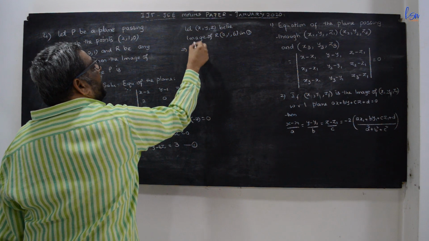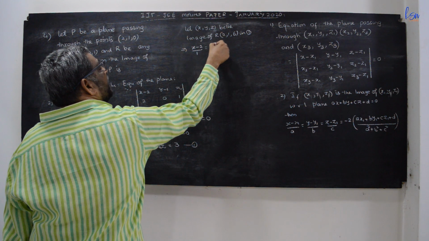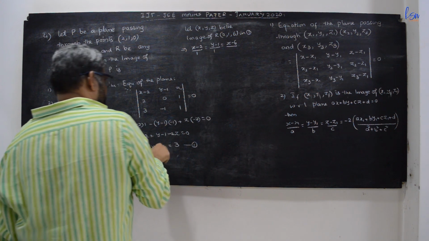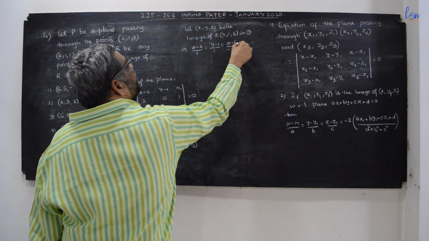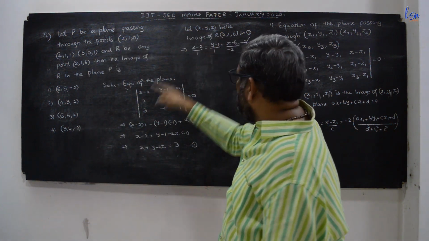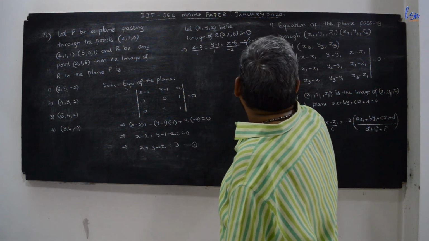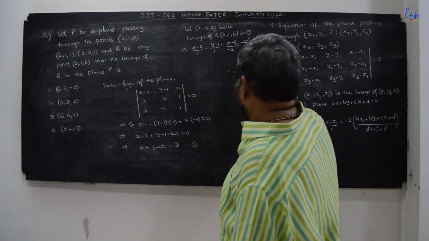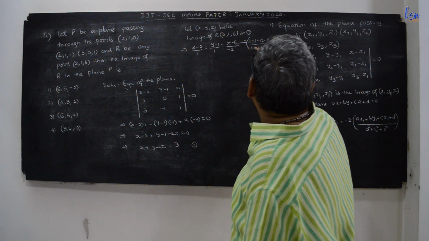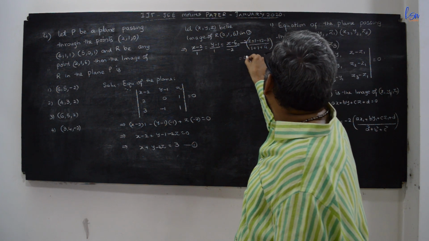This implies (x minus 2) by 1, (y minus 1) by 1, (z minus 6) by minus 2 is equal to minus 2 into, substituting the point here, (2 plus 1 minus 12 minus 3) by (a square 1 plus b square 1 plus c square minus 2 whole square 4). The 3 cancels, this is minus 12 by 6, which is minus 2, this is 4.